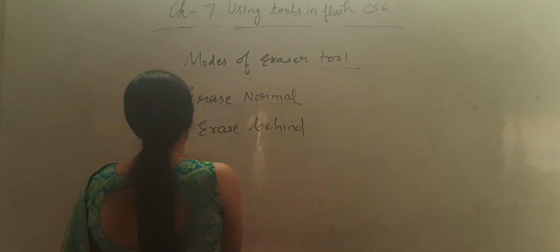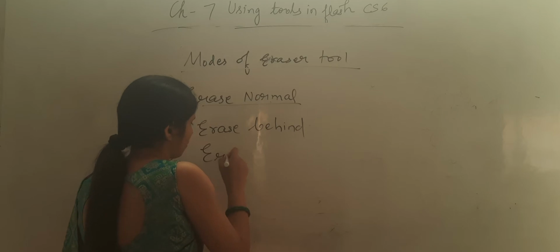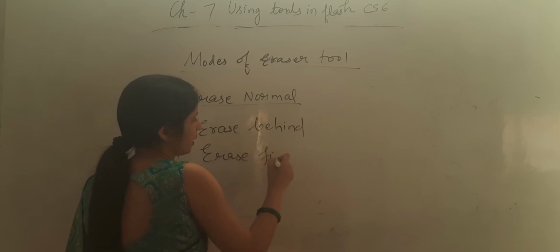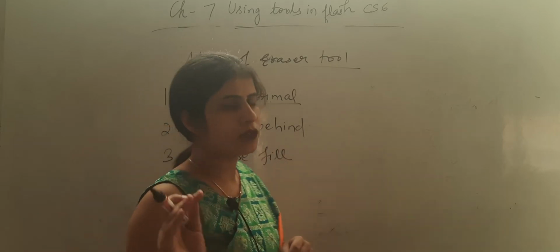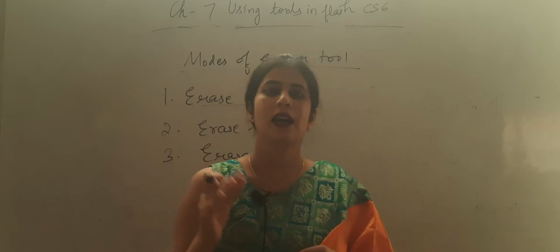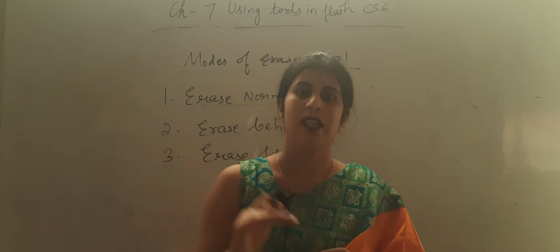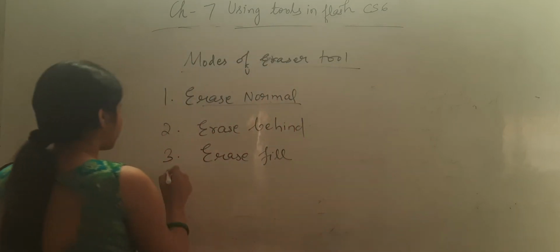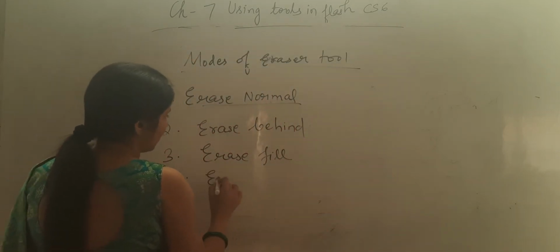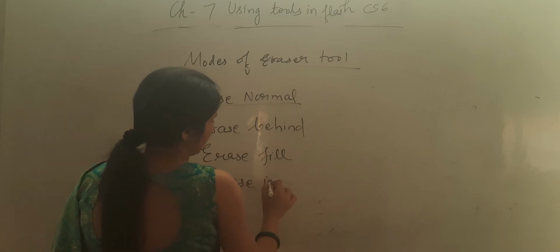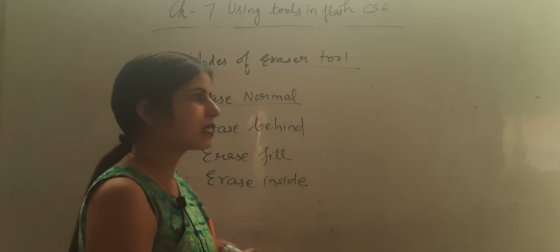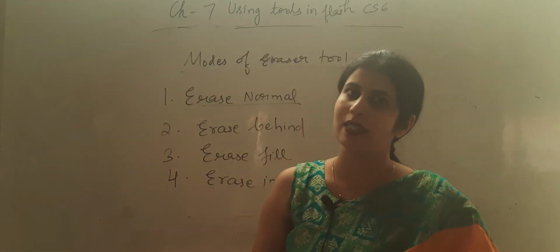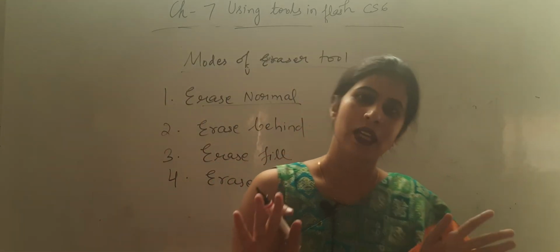The third one is erase fill mode. The erase fill mode is used to erase the area that is filled. We are going to erase only that area. The fourth is erase inside. The erase inside mode is used to erase the inside area of an image.